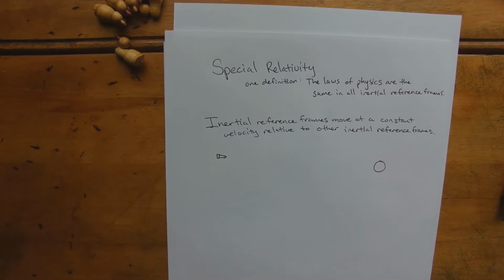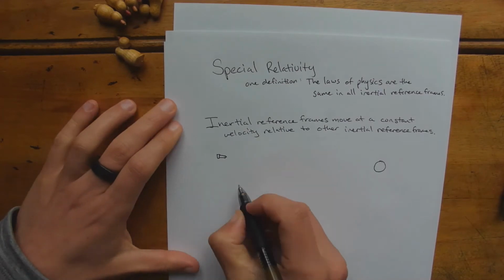But the experiment also has to take place over a very large distance, over the entire United States, going from north to south. So the Earth is an approximate inertial reference frame. So we're going to treat the Earth as an inertial reference frame.